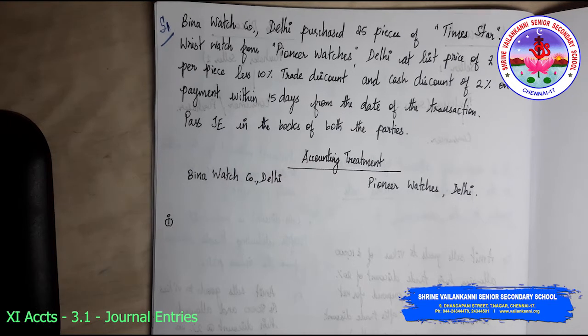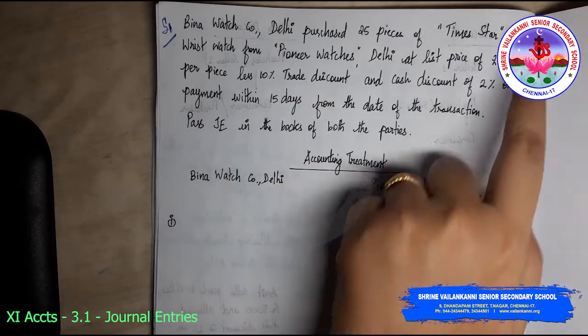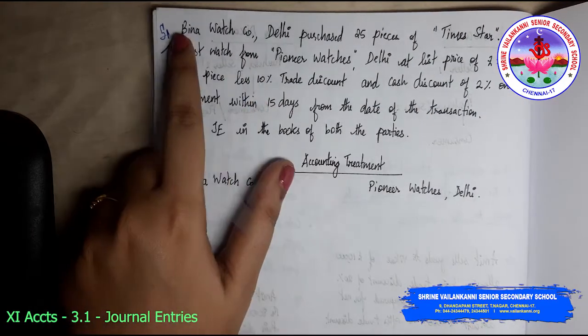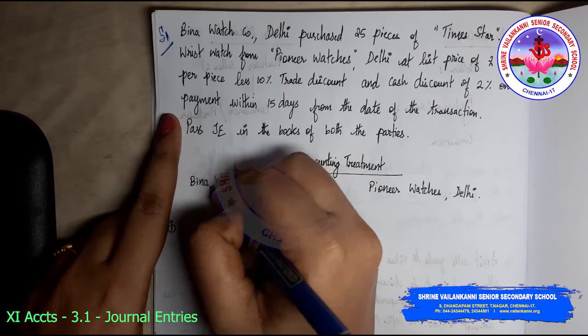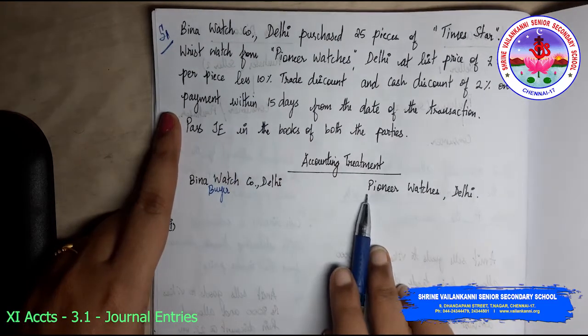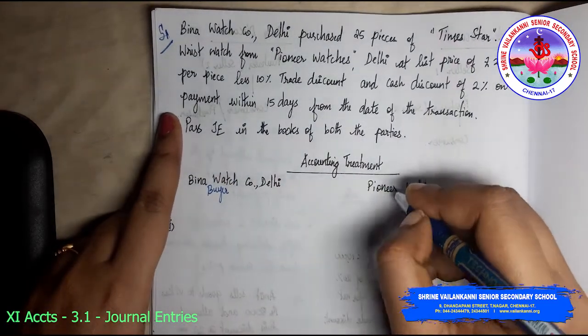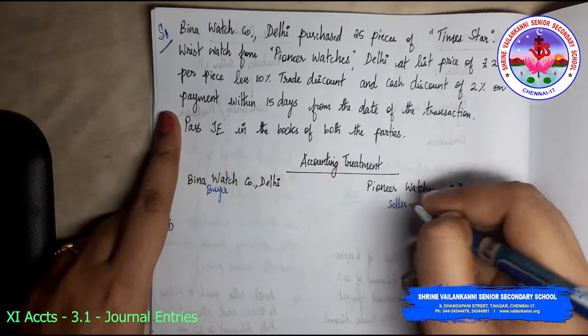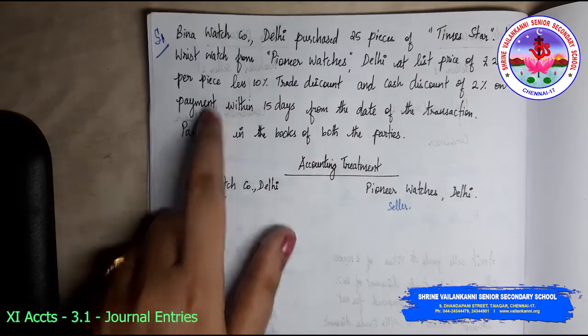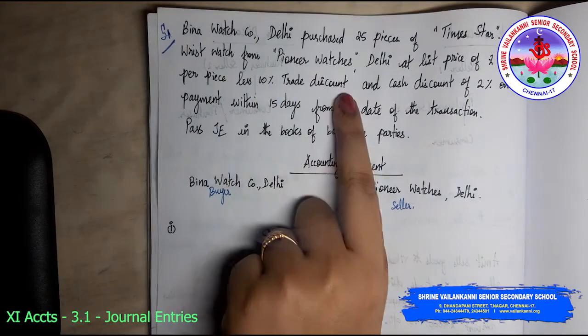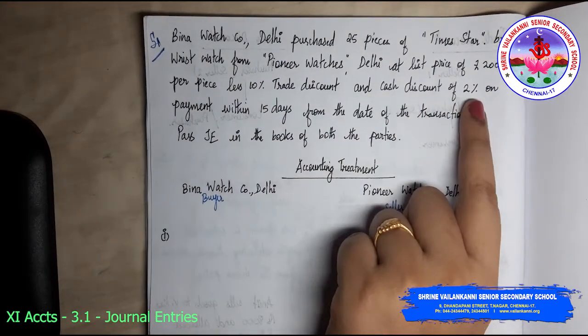Pass journal entry in the books of both the parties. So Beena is the buyer, and Pioneer Watches is the seller.